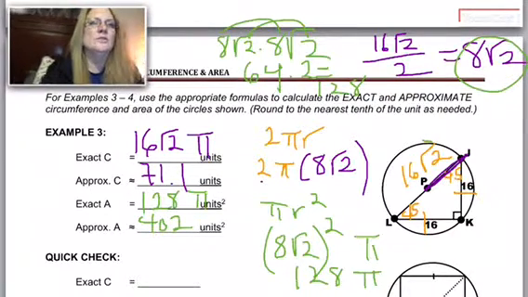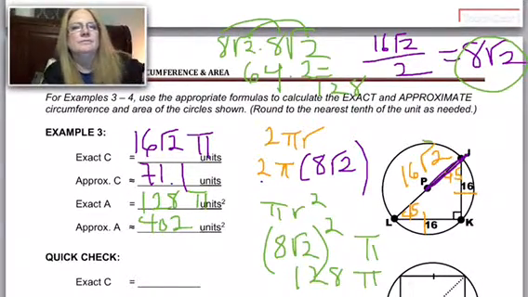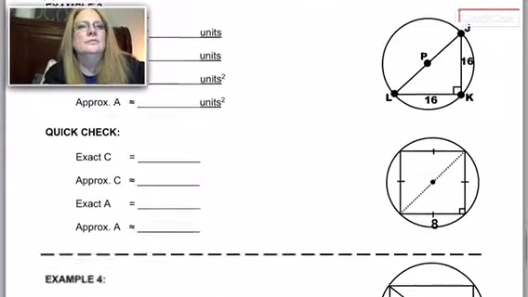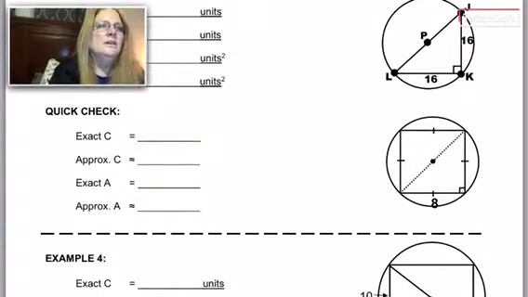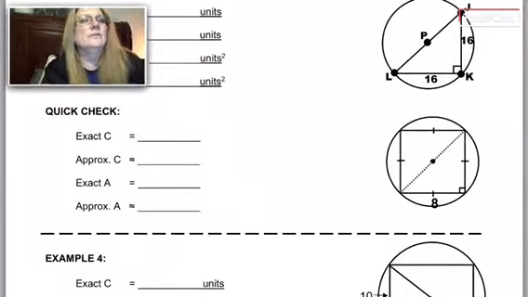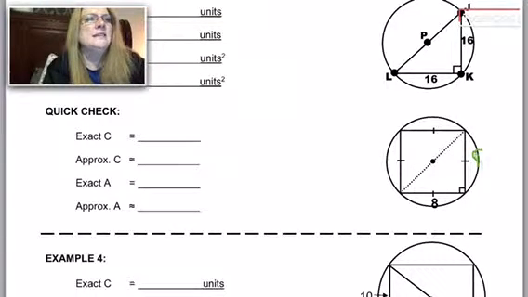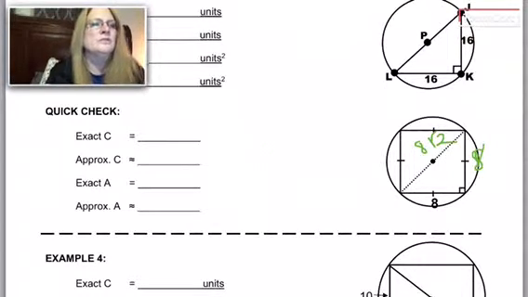All right, so try and do the quick check. On this one here, we have a square that's drawn inside this circle. So each side is 8. So that would make the diameter 8 times the square root of 2.